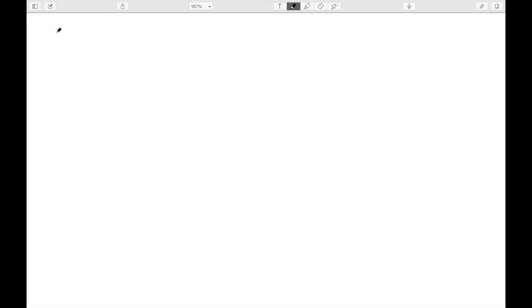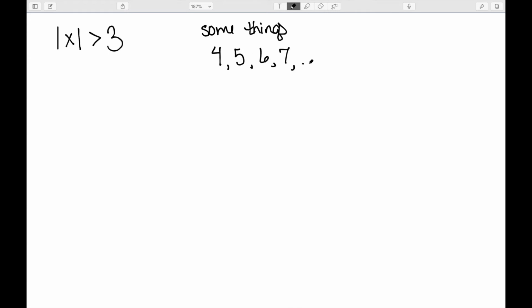Let's now consider the other case, the greater than case. Let's suppose we know the absolute value of x is greater than 3. Once again, this has infinitely many solutions, but we can think of some things that satisfy it. The absolute value of 4 is greater than 3. Same thing with 5, 6, 7, and we can consider this pattern indefinitely. And then the absolute value of -4 is also greater than 3.